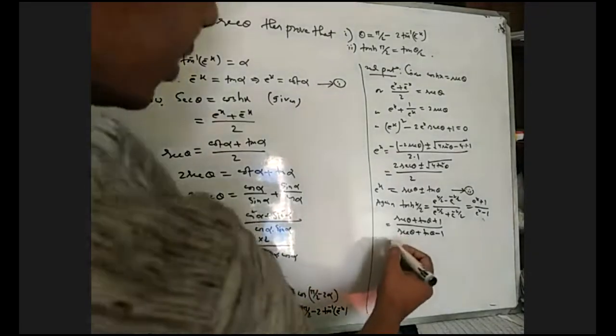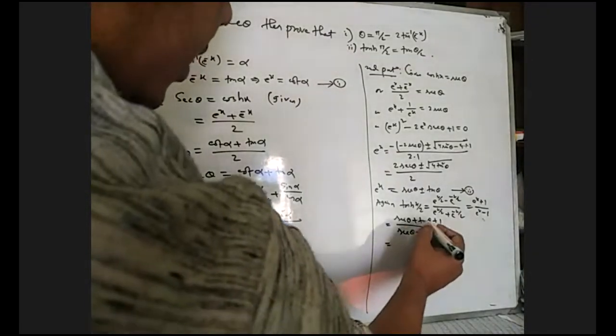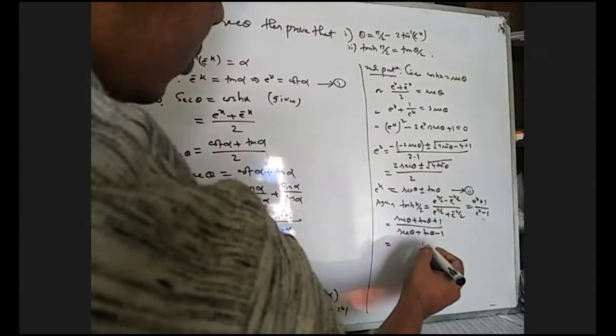Now sec theta means 1 by cos theta, and tan theta means sin by cos.